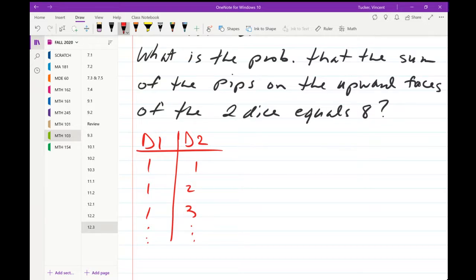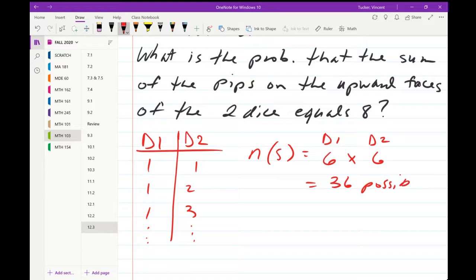And so the short way of doing this, you want to find the number of your sample space. You don't want to have to list them all out because it's easy to miss one and there's a lot to list out. You would take the number of options in die 1, which is 6, multiply it times the number of options in die 2, which is 6. So that means we have 36 possible outcomes.